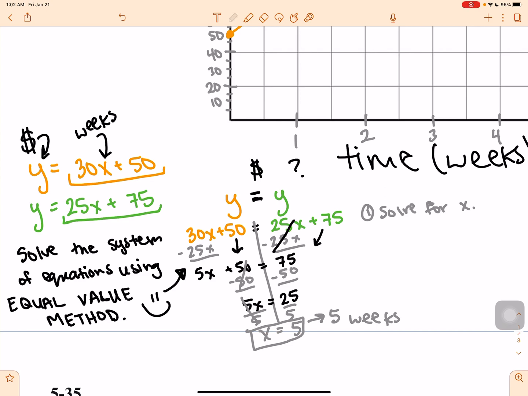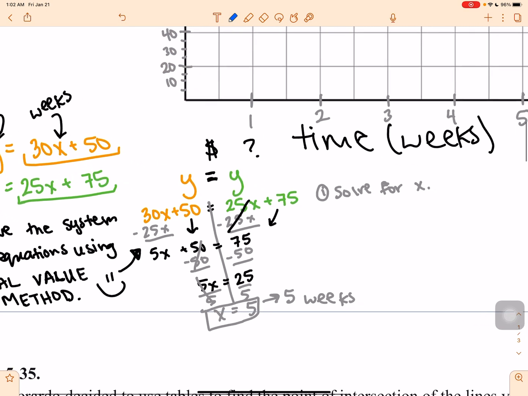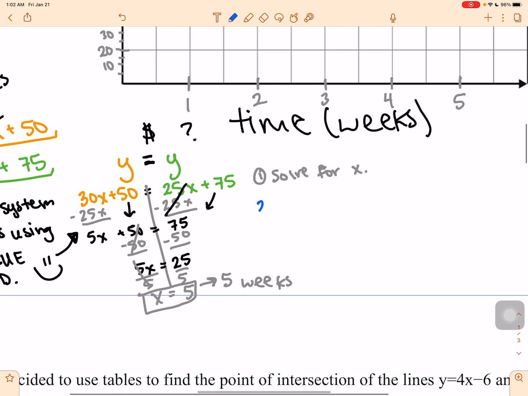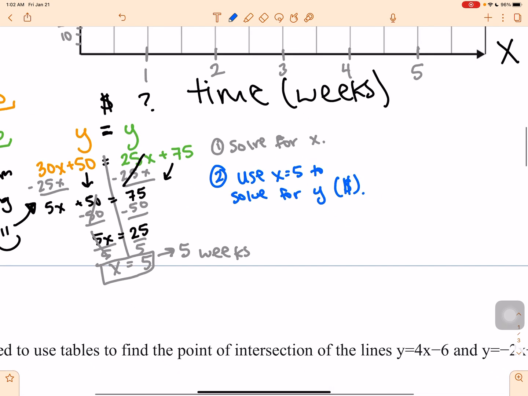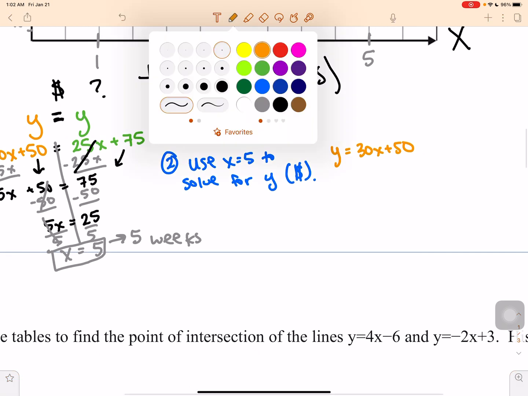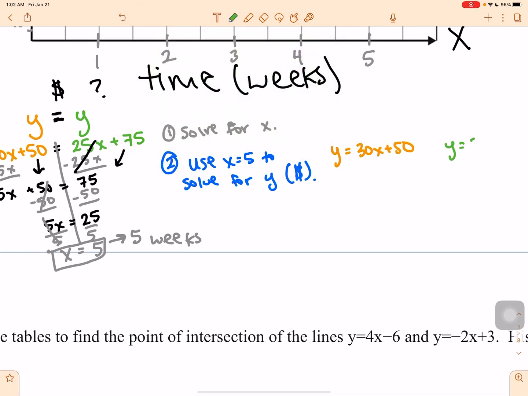Okay, so now our next step is to use x equals 5 to solve for y, which is the money, right? So if we have those two equations, we know y equals 30x plus 50, and we know y equals 25x plus 75.